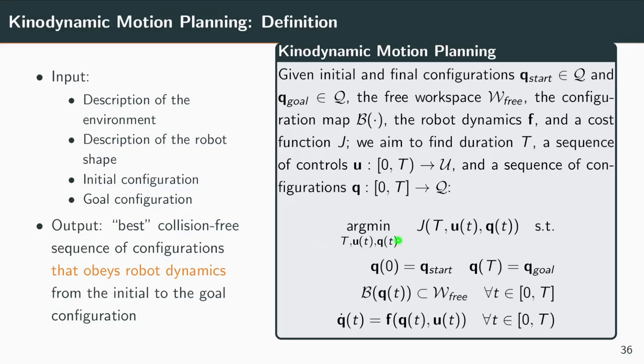And since all three are decision variables, our cost function now also gets all three of them as input, and basically defines which of the infinitely many solutions is the best. And then again, we just pick the sequences that minimize this cost function.